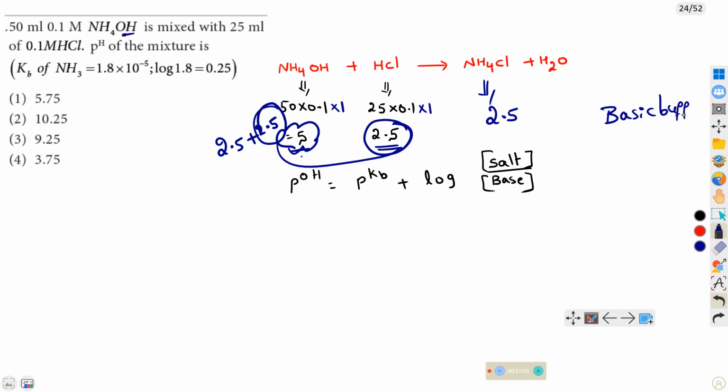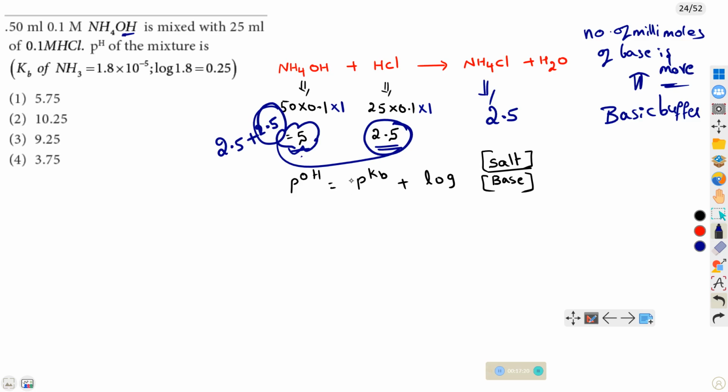How is it a basic buffer? Because the number of millimoles of base is more compared with acid.